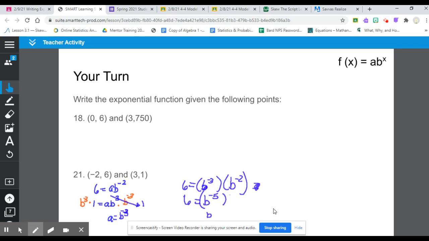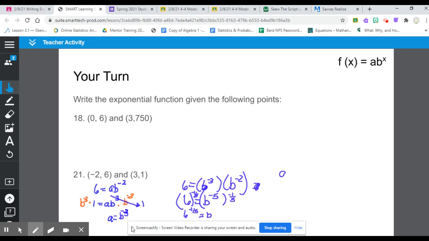So it's the inverse, the reciprocal. So I can multiply this by negative 1/5. And if I raise this to the negative 1/5 power, I'm going to have to raise the other side to the negative 1/5 power. So I get 6 to the negative 1/5 power is equal to b. And then finally, if I know b, I can then figure out a.